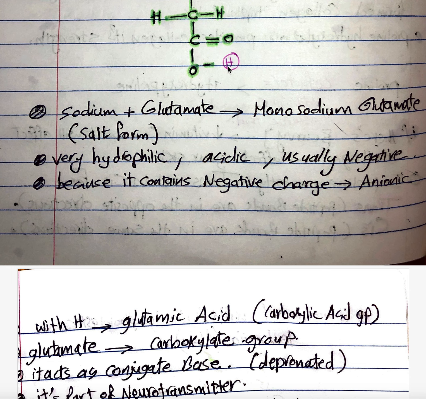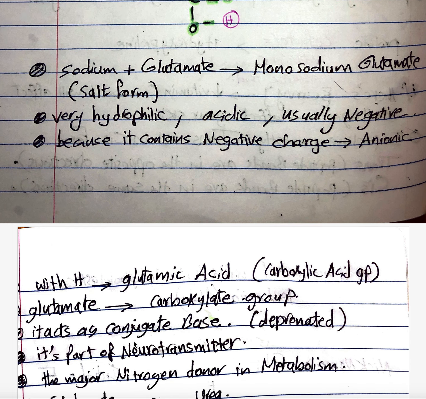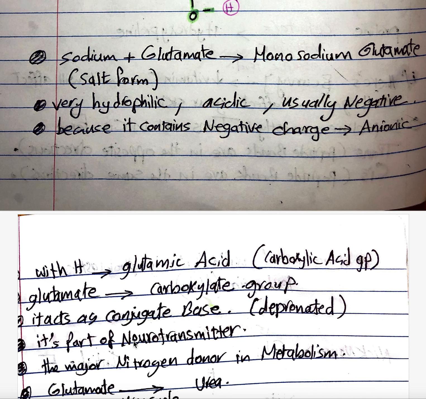But if there is no H here, then it's known as glutamate, and without H it is the carboxylate group. It acts as the conjugate base, deprotonated, that means no H. Without H, it's known as the carboxylate group. Its name is glutamate, deprotonated.